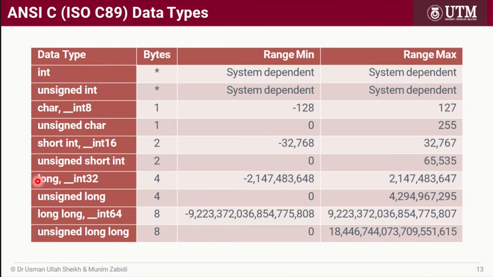Meanwhile we have a long, which is a total of 32-bit data, equivalent to 4 bytes. For the long, this is for signed numbers, from minus 2 billion until positive 2 billion something.